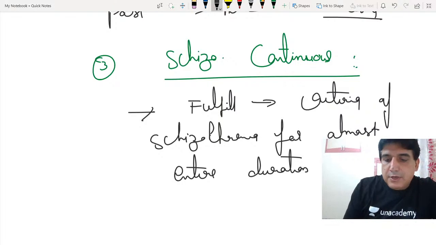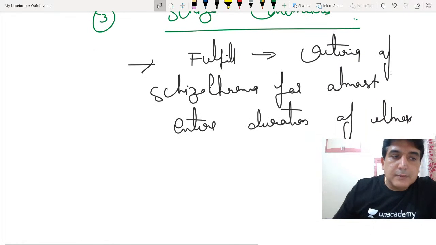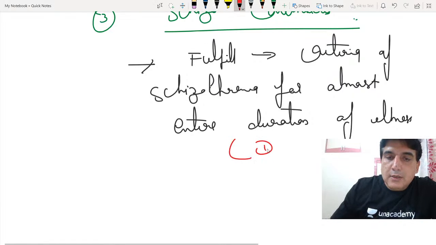And this entire duration of illness means this duration should be more than 1 year.